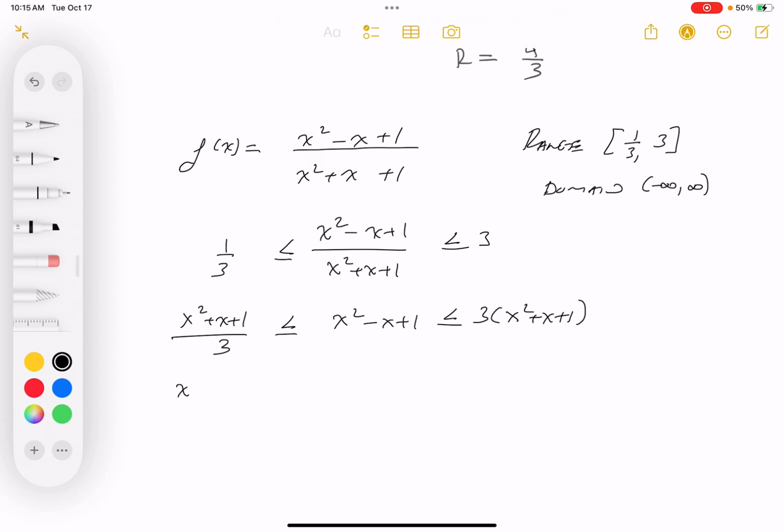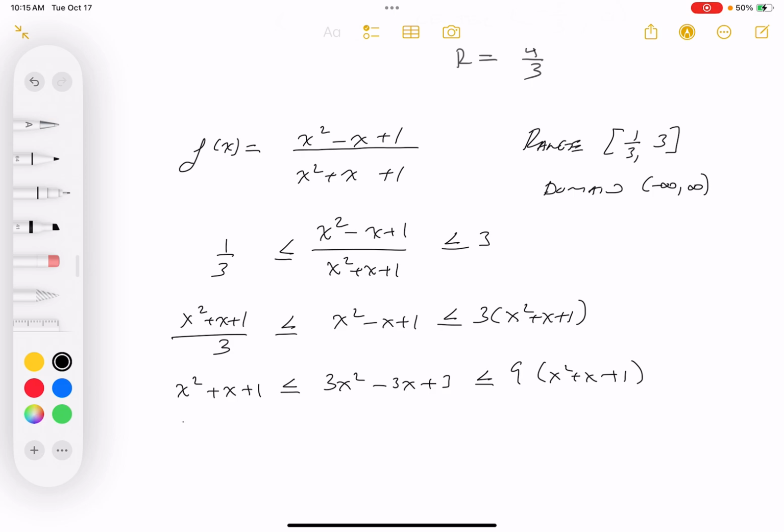You get x squared plus x plus 1, then 3x squared minus 3x plus 3, and again I'm multiplying by 3, you get 9 times (x squared plus x plus 1). This is pretty nasty. Let's keep going.